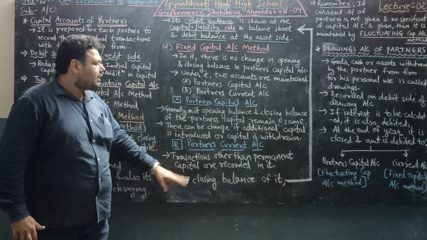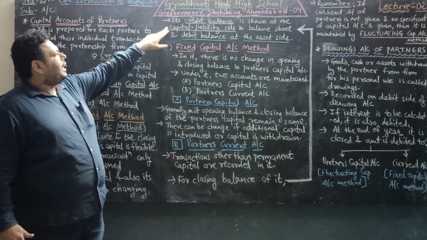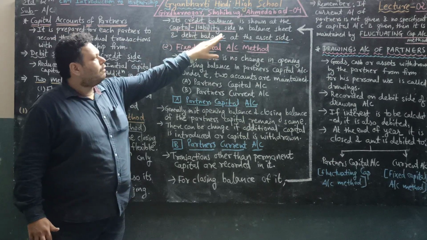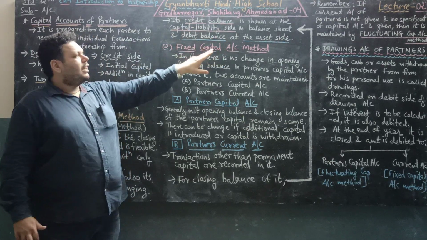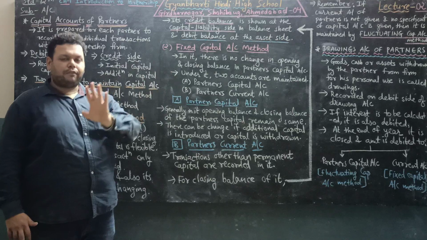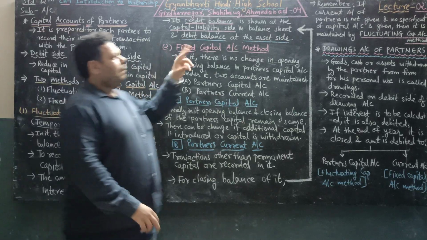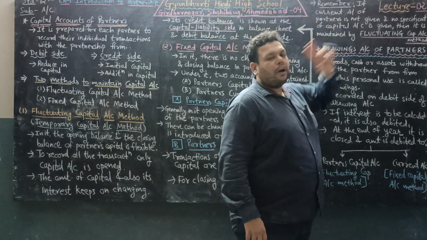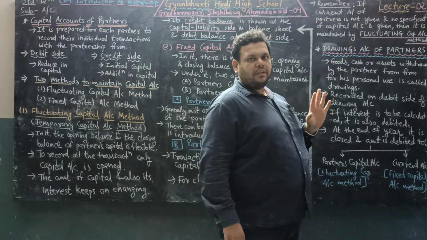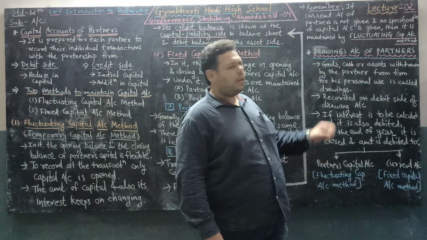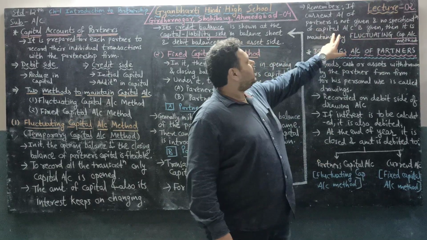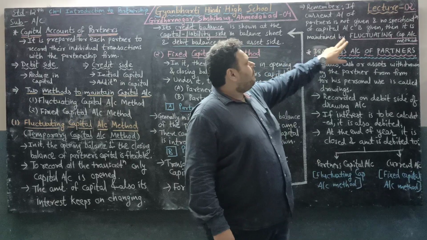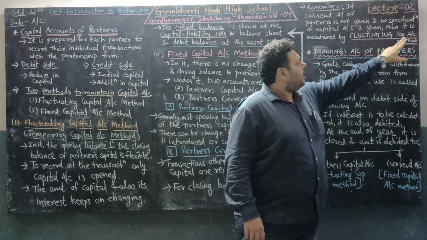For the closing balance, same as the fluctuating method, the credit balance will be shown in the capital and liability side of the balance sheet, and the debit balance will be shown on the asset side of the balance sheet. Remember, if the current account of partners is not given in the question and there is no specification of capital account, then it will be maintained by the fluctuating capital account method.